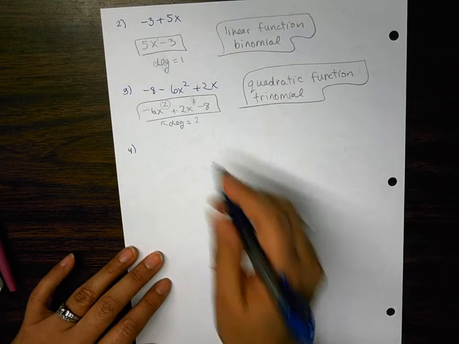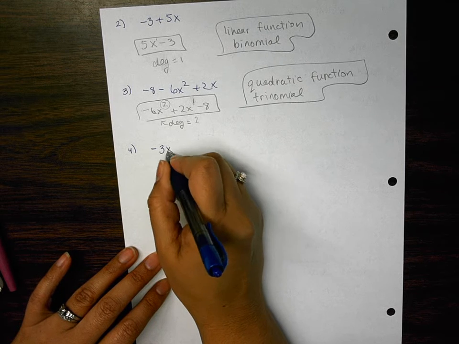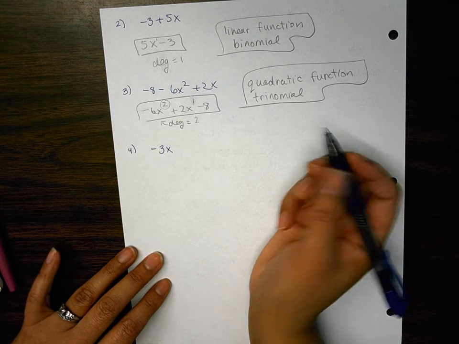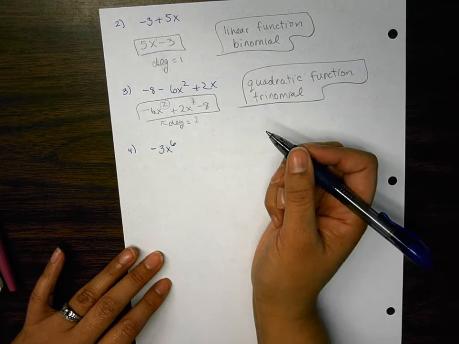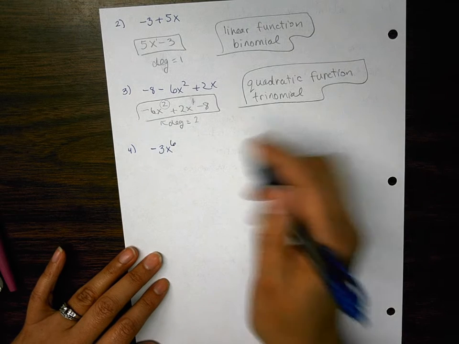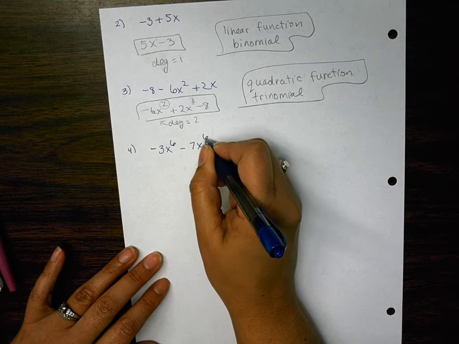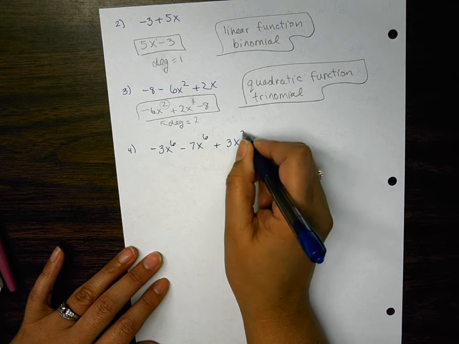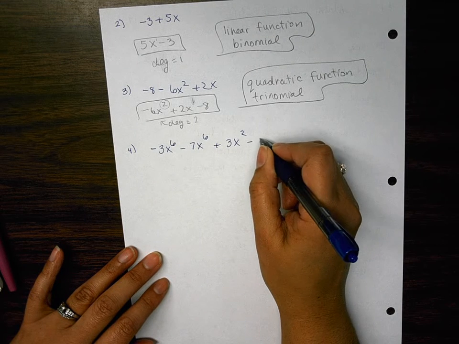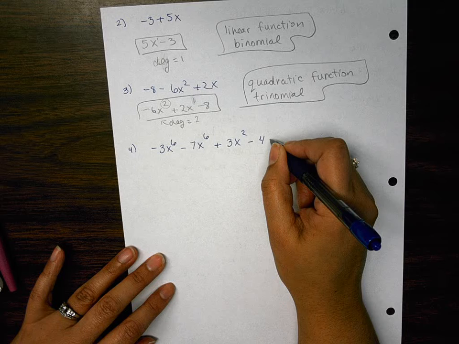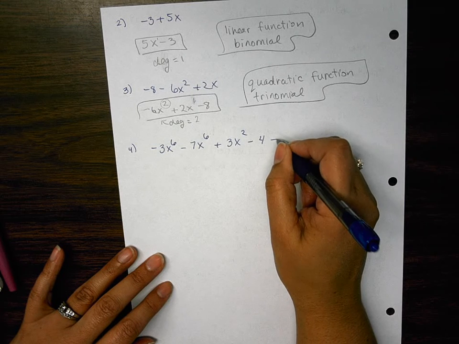Number 4, negative 3x to the 6th minus 7x to the 6th plus 3x squared minus 4 plus x cubed.